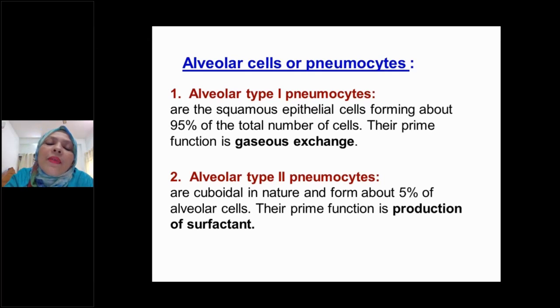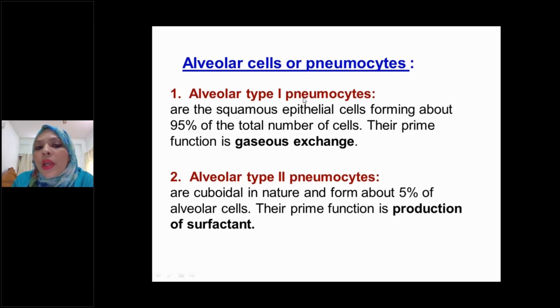Alveolar type 1 pneumocytes are squamous epithelial cells forming about 95% of the total number of cells. You have to remember this. Their prime function is gaseous exchange. Please remember this point here.